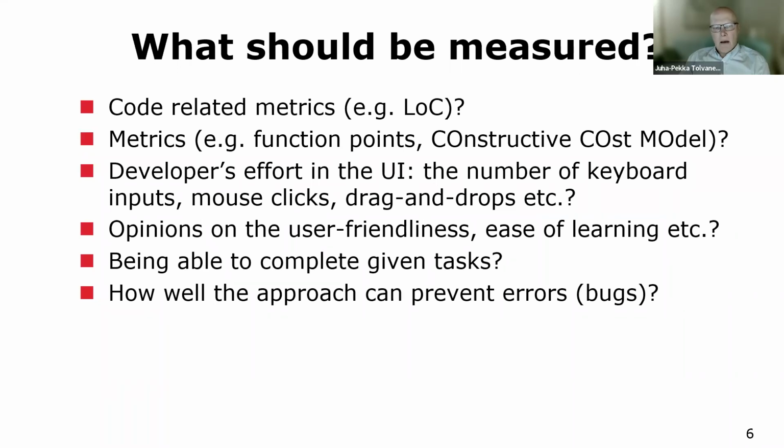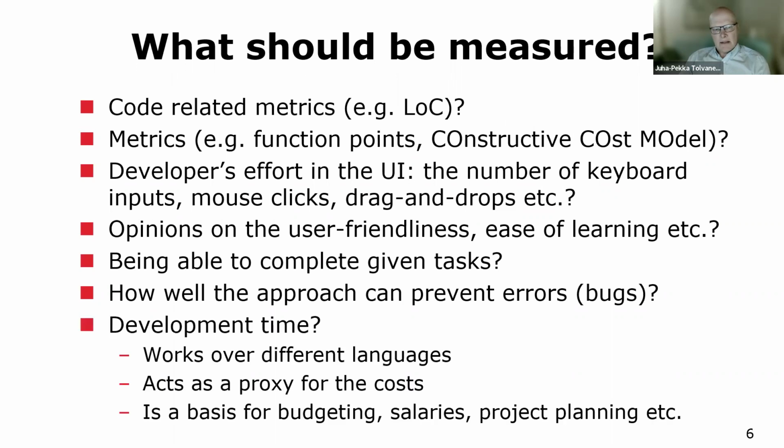But what we have learned is that basically the productivity aspect, and measurement in terms of development time, matters most. So if we use a domain-specific language, can it somehow decrease the development time? So in other words, decrease the costs or improve the speed.